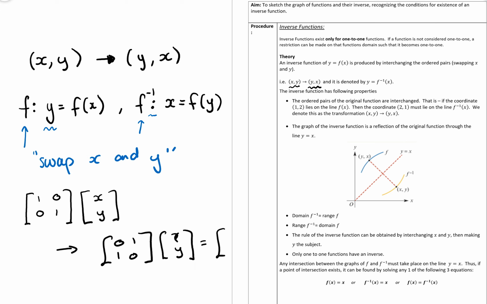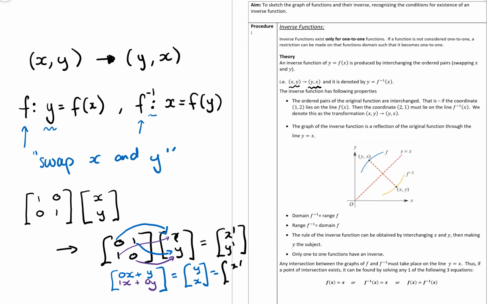If that was my transformation, say (x', y'), what would that do? Well, the top line would be 0 times x plus 1 times y. So 0x plus y. And then on the bottom row, I'd have 1 times x plus 0 times y. And so what I end up with is (y, x), sorry, that should be a matrix bracket, (y, x) is equal to new x and new y. And so that's how I'd swap it.